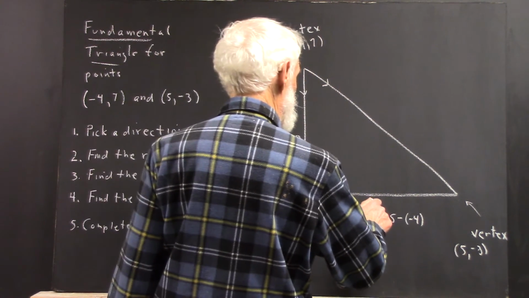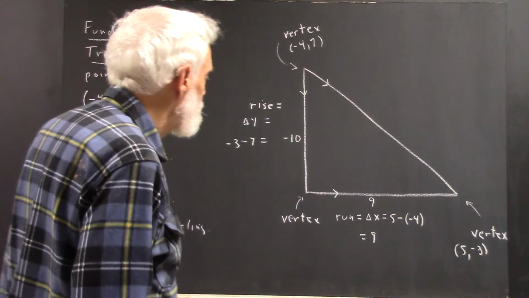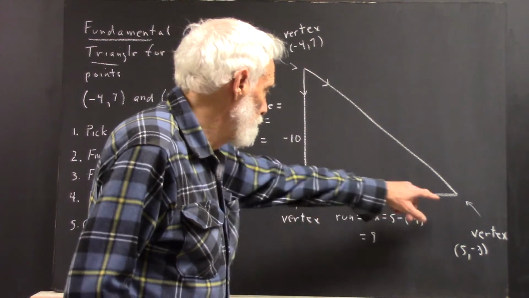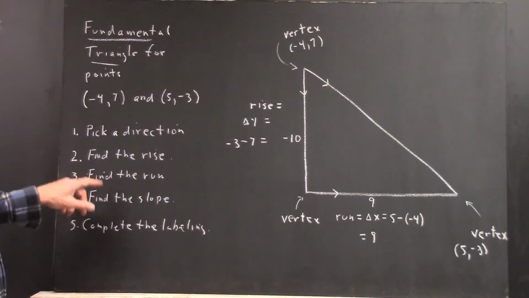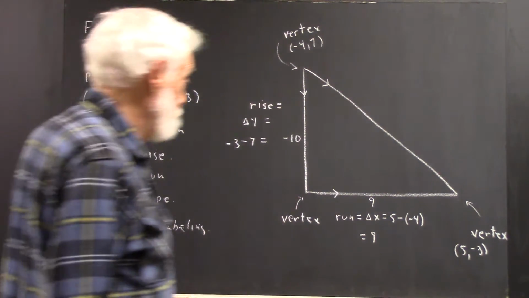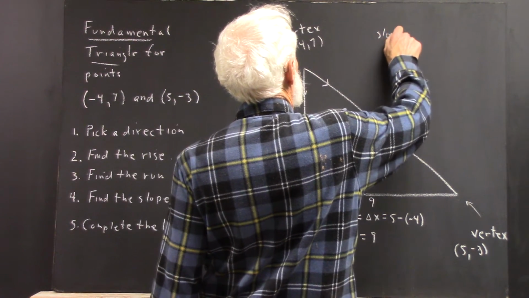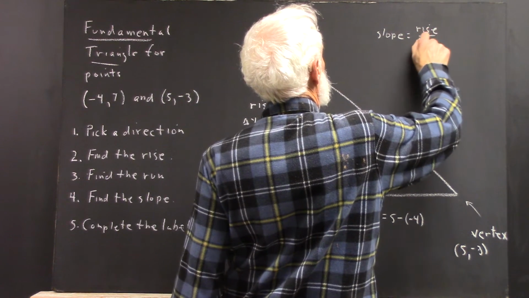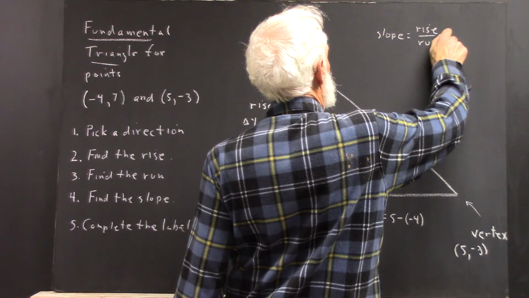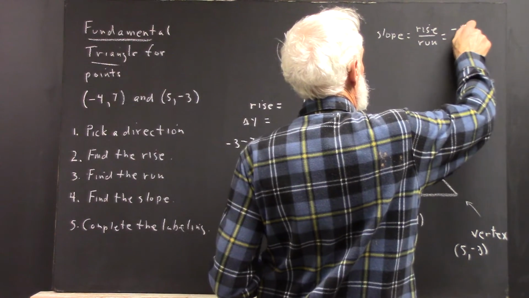I'm going to put the 9 here, repeating it, and that 9 then indicates the run. Okay, well, that's the rise, that's the run. How do we get the slope? Well, the slope is rise over run. And that's what? That's -10 over 9.